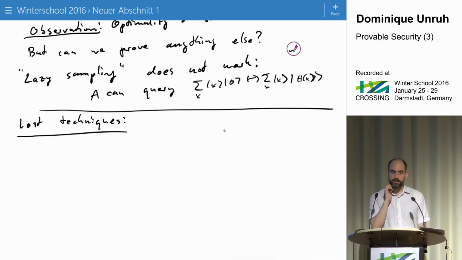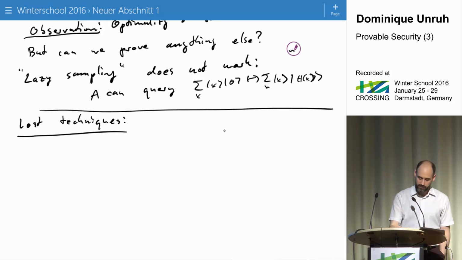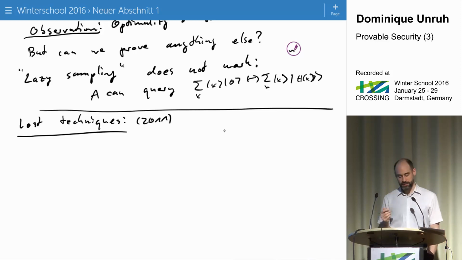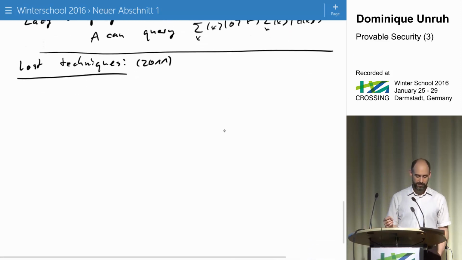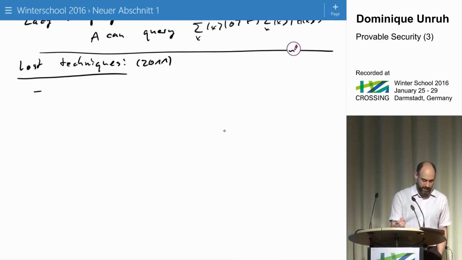This paper was in 2011. So it's interesting to look whether they're still all open, and actually we made some slight progress on some.